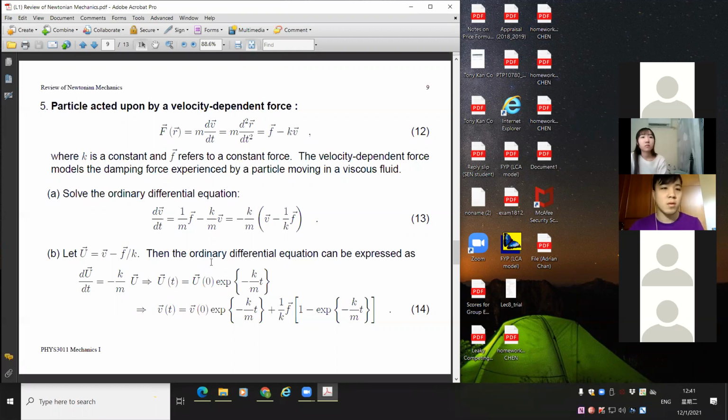Number 5, a particle acted upon by a velocity-dependent force. As shown in equation 12, we have a constant force, small f vector, and also a force proportional to the velocity. Now we need to solve the ordinary differential equation first, dv dt equal to this in equation 13.